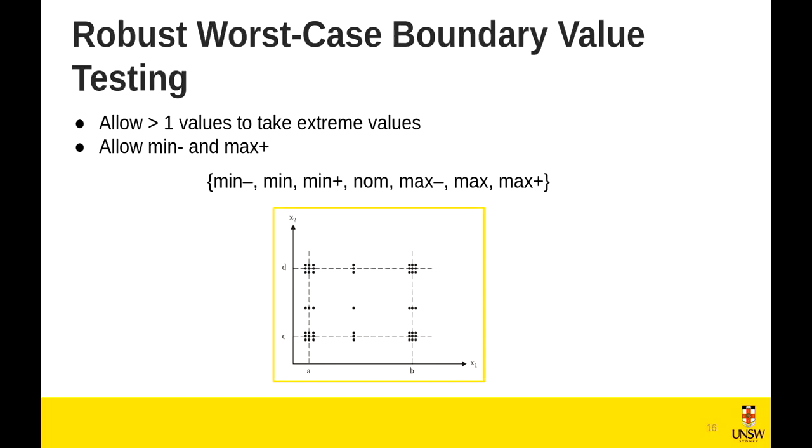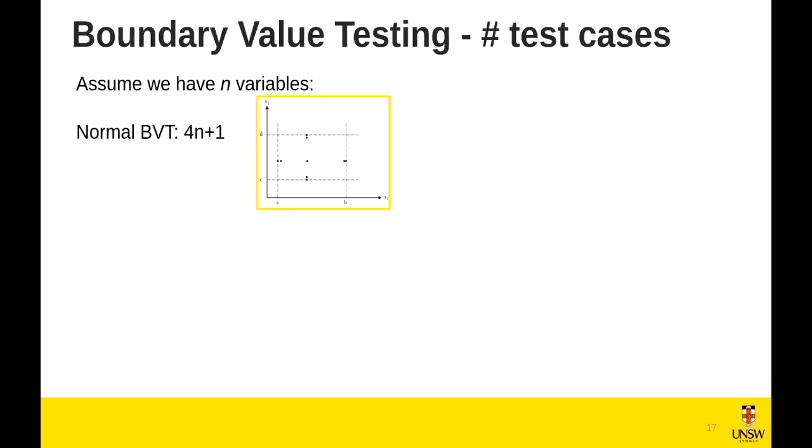So it will cover everything. It will have all the dots we have seen before. So this is the robust worst case boundary value testing. And now, as you can see, there are some patterns, right?